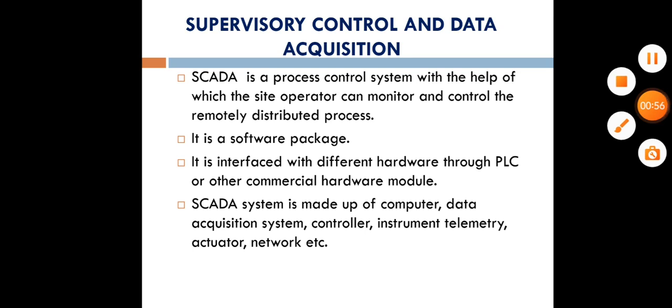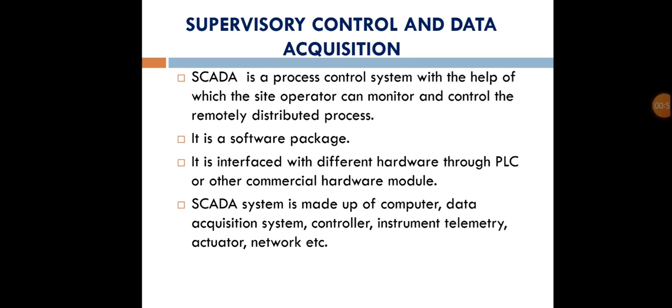Let us see the first objective, supervisory control and data acquisition. Here we see the basic introduction of SCADA. We know SCADA is a process control system with the help of which the site operator can monitor and control the remotely distributed process. It is a software package.